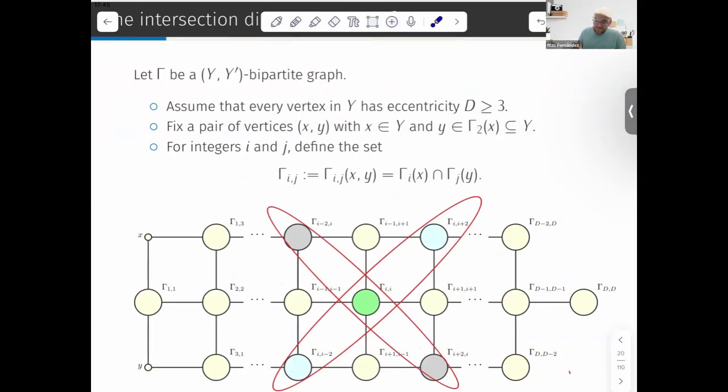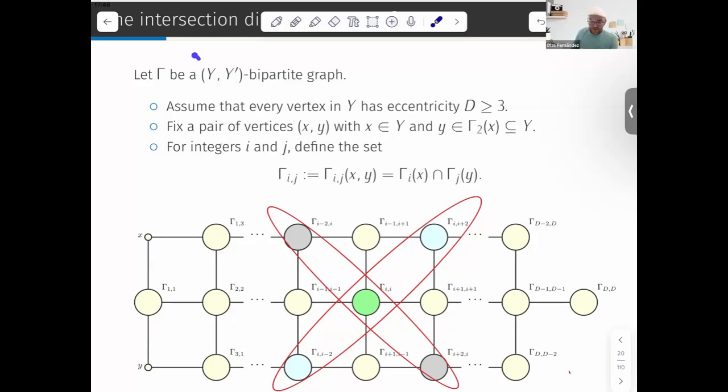And we will call these bubbles, or this distance partition, the intersection diagram of a graph of rank 2, because we will consider two vertices at distance 2, and we will define with respect to these two vertices certain sets of vertices.